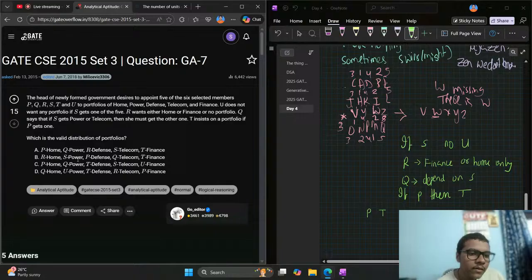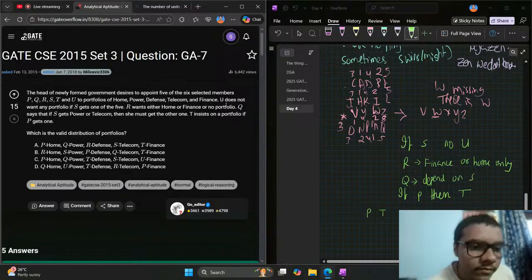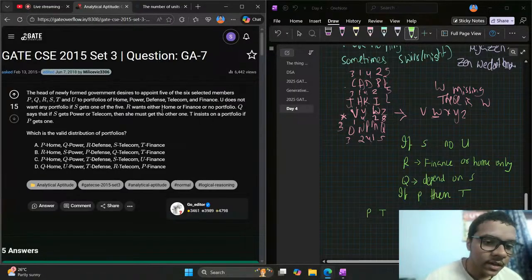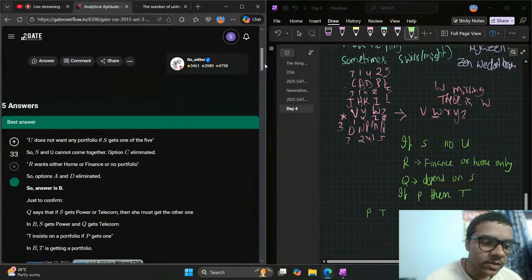S has power, and R has finance and home only. If S got power, U should not get it. B is your answer. See, if you look at B, U does not want any portfolio if S got it, so U should not get it. R wants either home or finance. R has home. Q says S gets power, so Q got telecom and P got it, so T got it. B should be your answer.